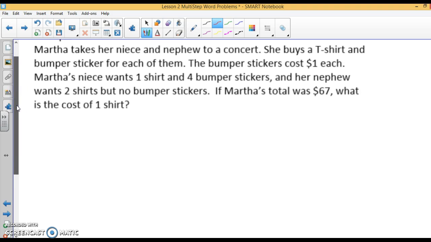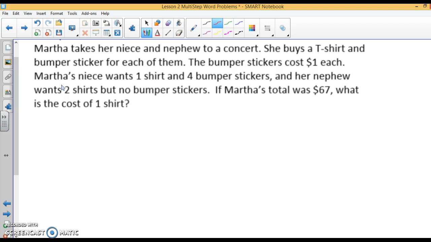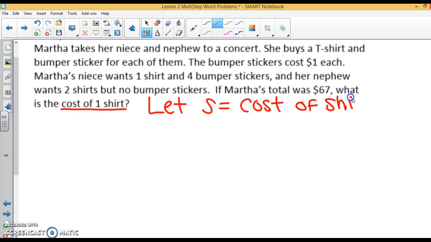So we have to define our variable. We're looking for the cost of 1 shirt. So I'm going to say let S equal cost of shirt. So if we look back, it says her niece wants 1 shirt and her nephew wants 2. So there's going to be 3 shirts total, right?